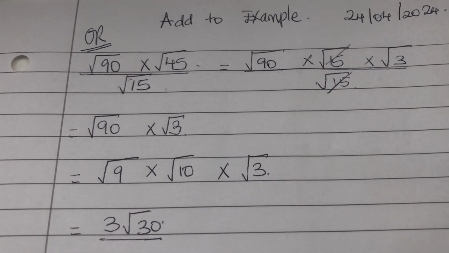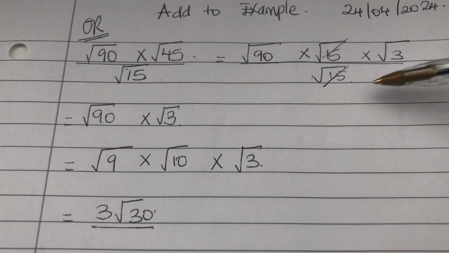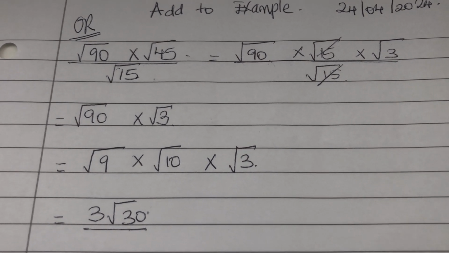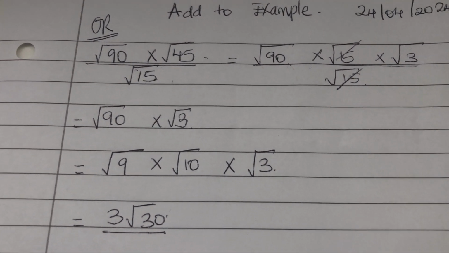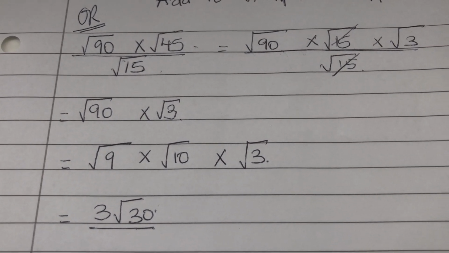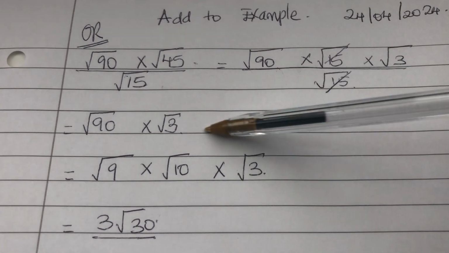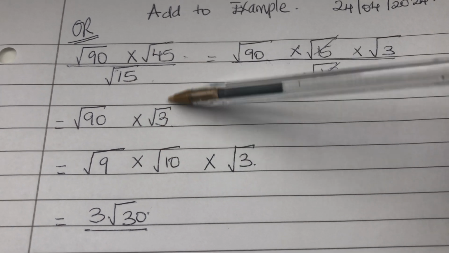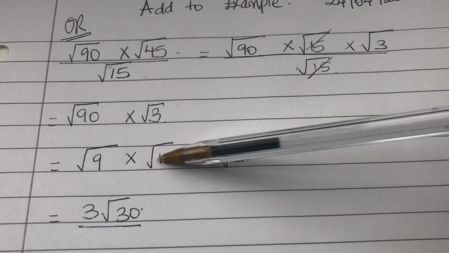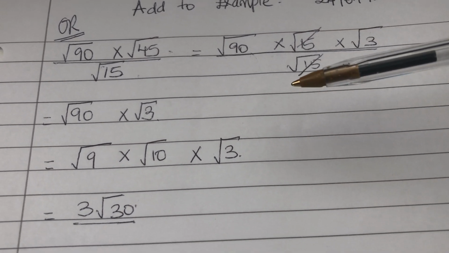So the more you solve it, you can see this because you realize that. So I did this the shorter way for the people who already know how to solve surds, and then I did the longer way for people who are new to the topic, for me to explain it to you. Okay, but with time, as you do it, I expect you to start quickly seeing your factors and canceling out so that you don't have to go through all the steps.